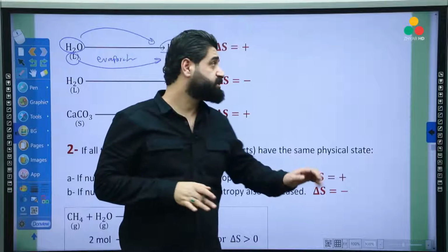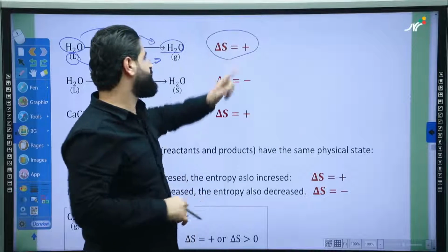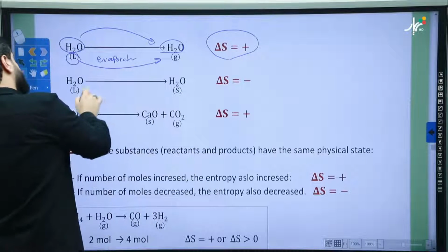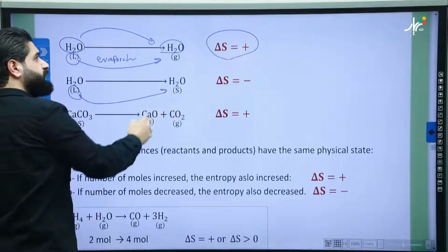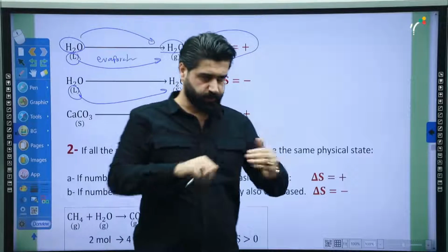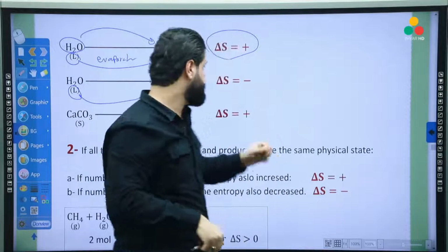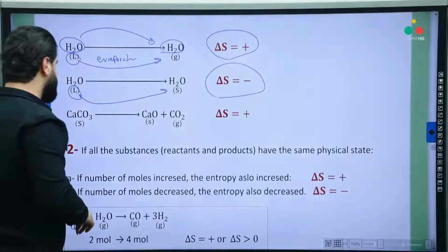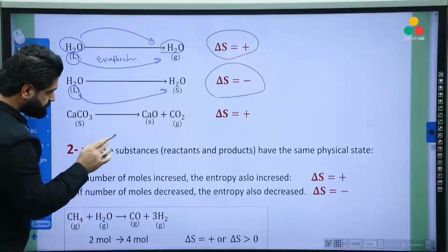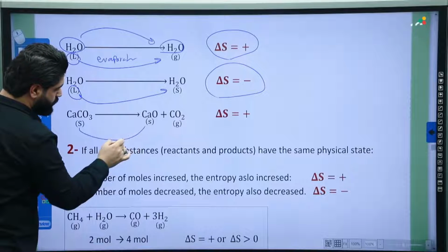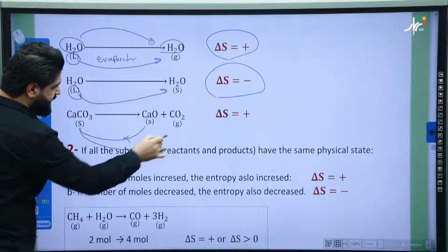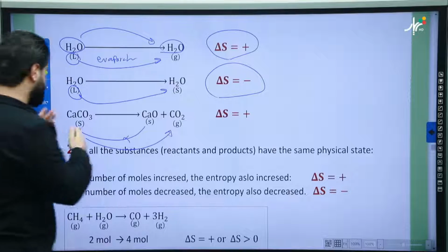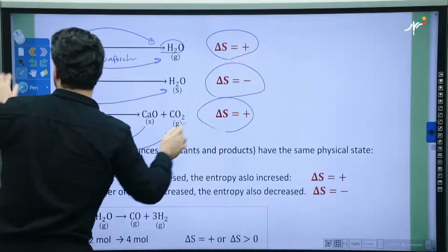Remember, evaporation, delta S is positive. The randomness, the entropy, increased. From liquid to solid, decreasing in randomness, entropy decreased. Solid to gas, again, from solid to gas, delta S is positive.